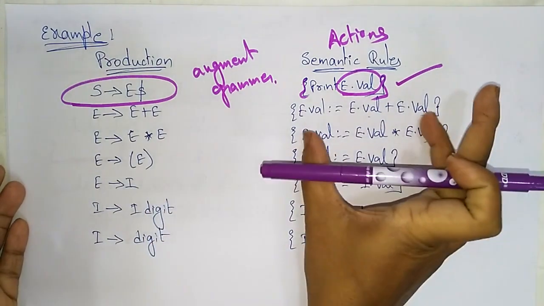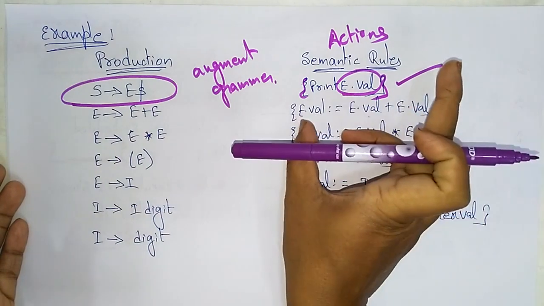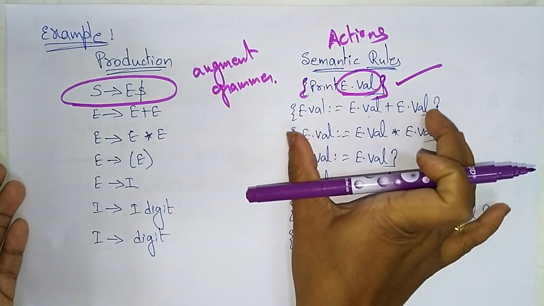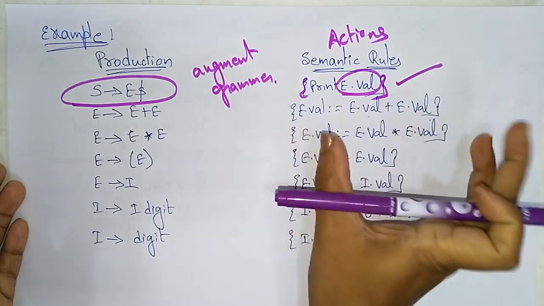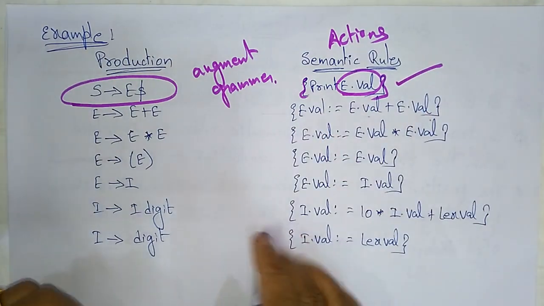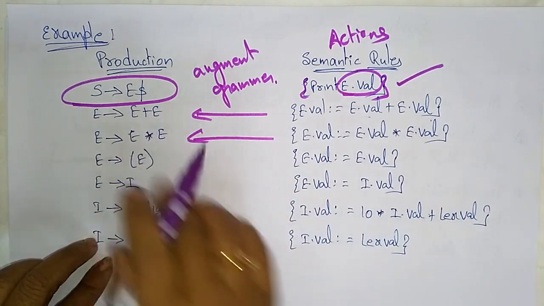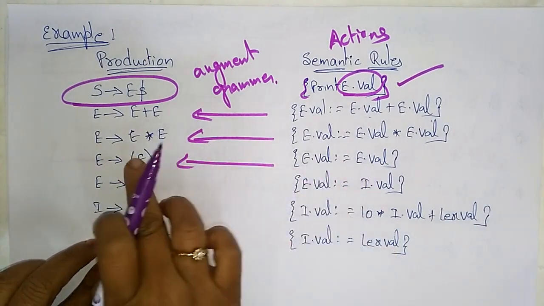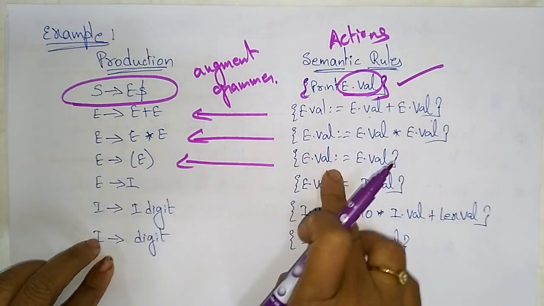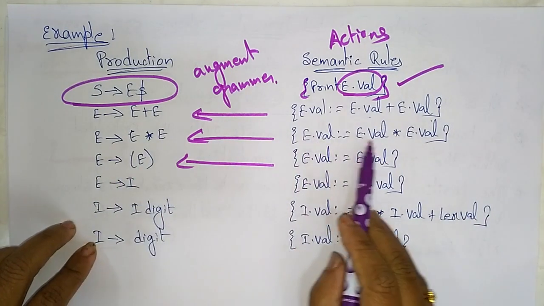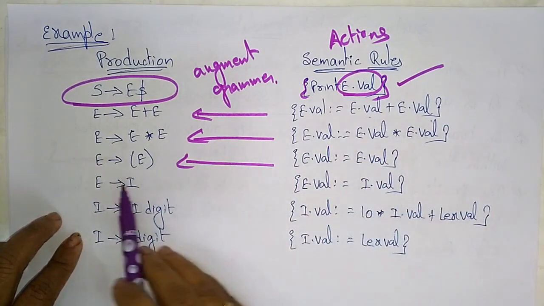Just remember, whenever you place productions along with the attributes, if it is present within the braces, then it represents the action for this production. So for each production, this is an action. E dot value equals E dot value into E dot value.